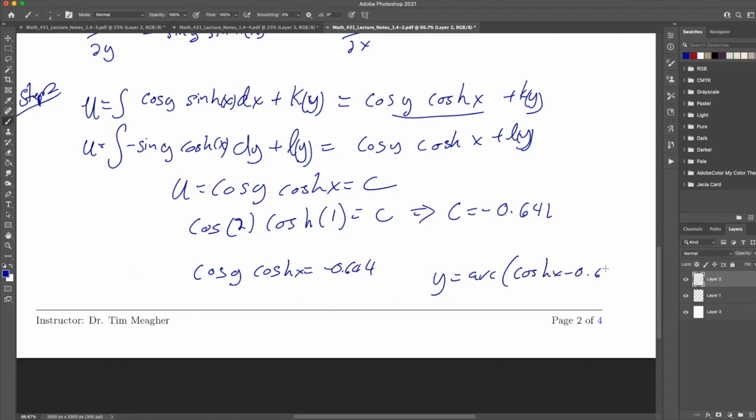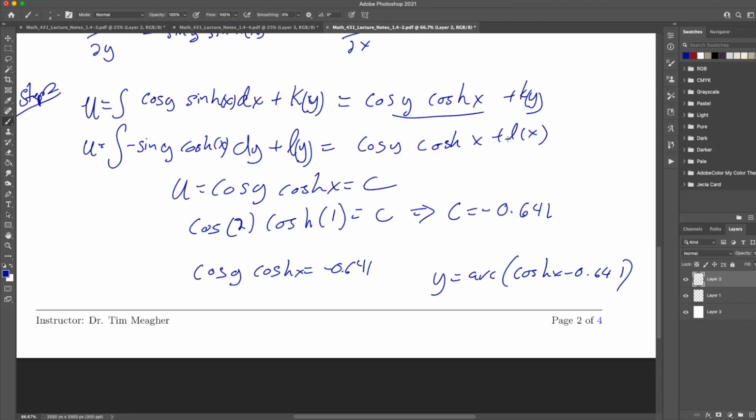This should be a 1. Sorry, I put a 4 here. It should be a 1. And so here you can get an explicit solution.